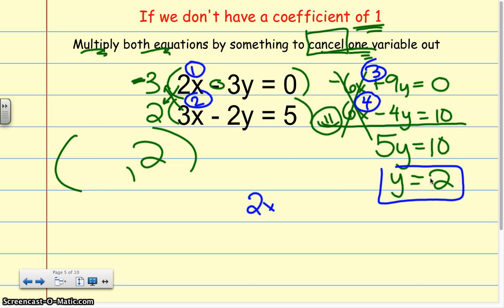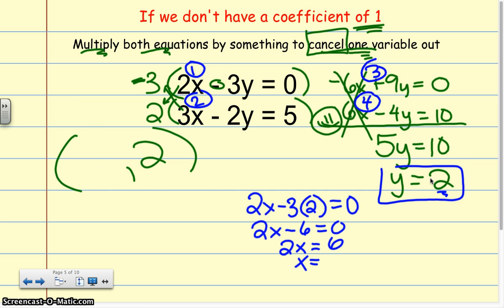So I get 2x minus 3 times y, which is 2, equals 0. 2x minus 6 is equal to 0. 2x is equal to 6, adding 6. Lastly, divide by 2, and x is 3. So the solution to my system of equations is (3, 2). Reminder, a solution means where 2 lines would intersect. So these 2 lines would intersect at the point (3, 2).